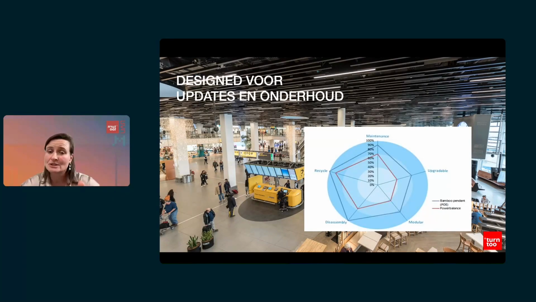It is modular and it is made for disassembly. So as Philips is the owner, once Schiphol does not need the lighting anymore, it can be taken out, reconfigured and sold to another client. I think this thinking in several cycles is very important for everything we do, not only for lighting, but for every building, for every product we put into the market.